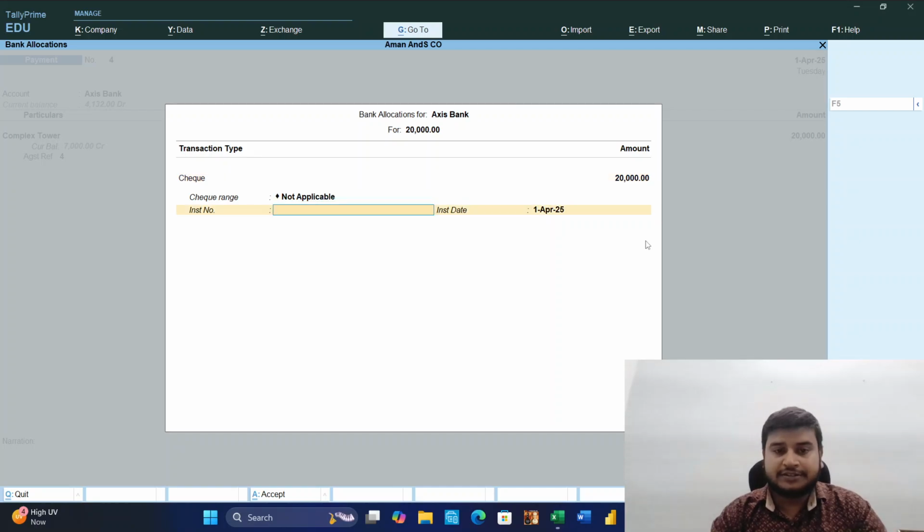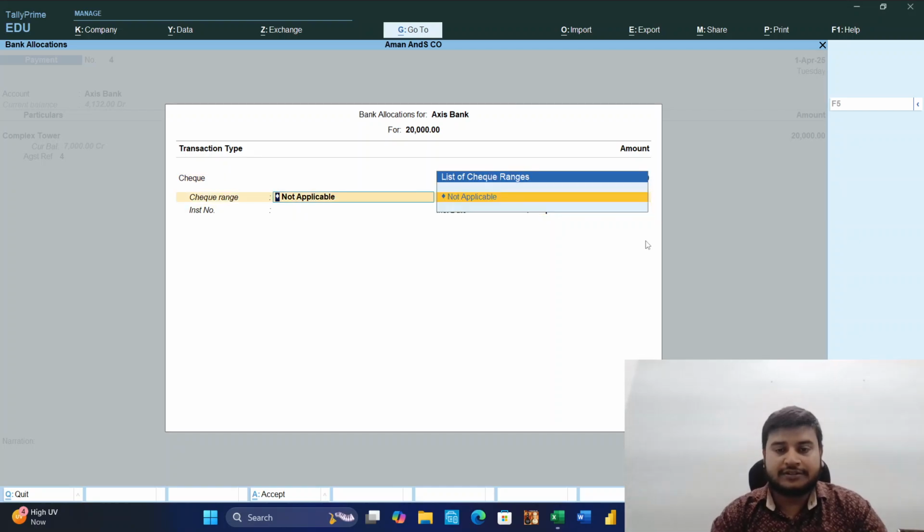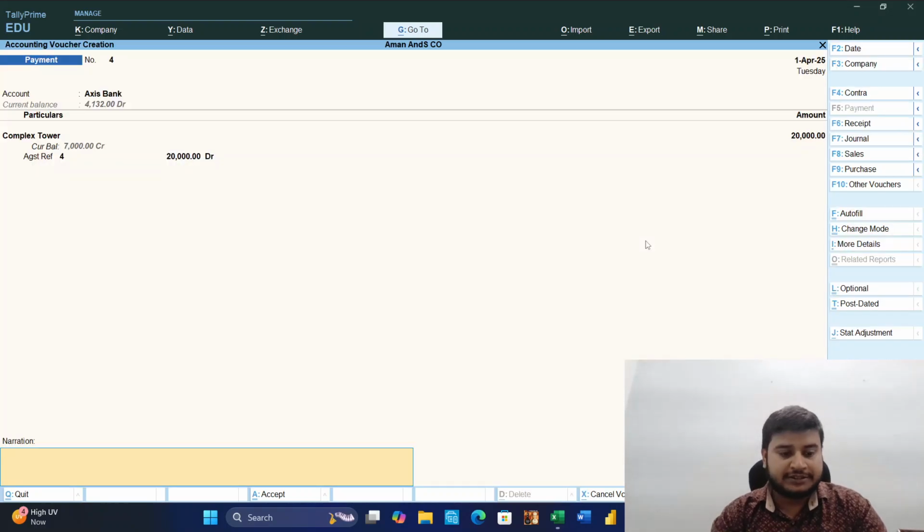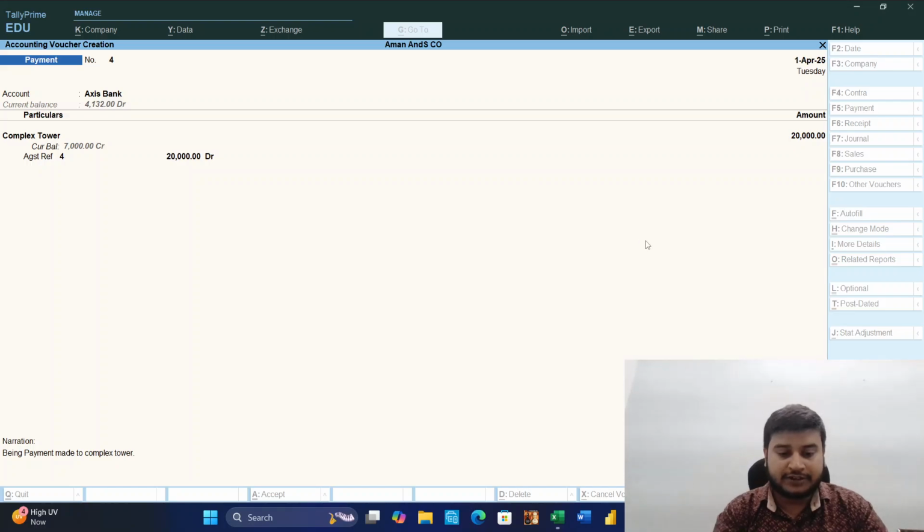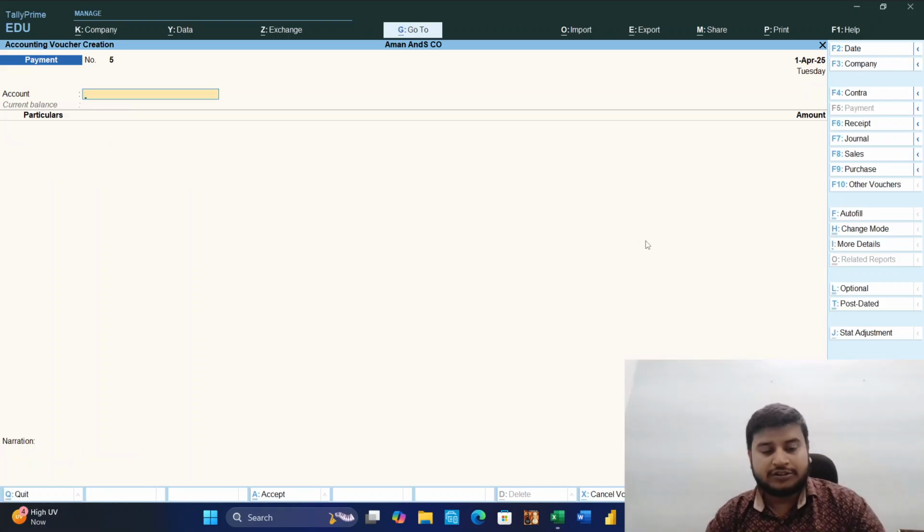So basically three entries: one for the security deposit, second for the rent expenses under journal, and third for the payment of that rent expense.